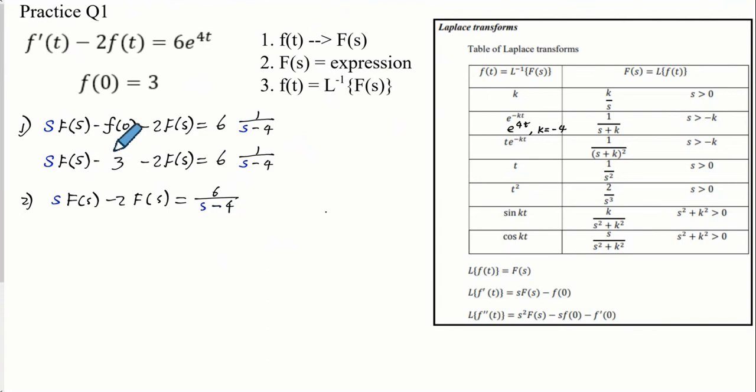And this minus 3 here, I don't want it to be on the left side, so I'm going to move it to the right side, which becomes a plus 3. Now, taking out the common terms of F(s) on the left side, in brackets, I have been left with s minus 2.